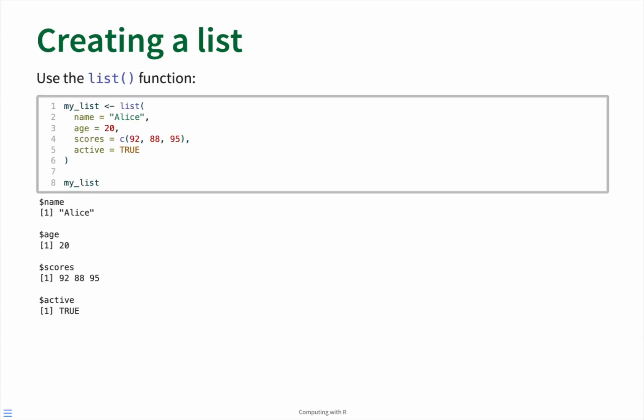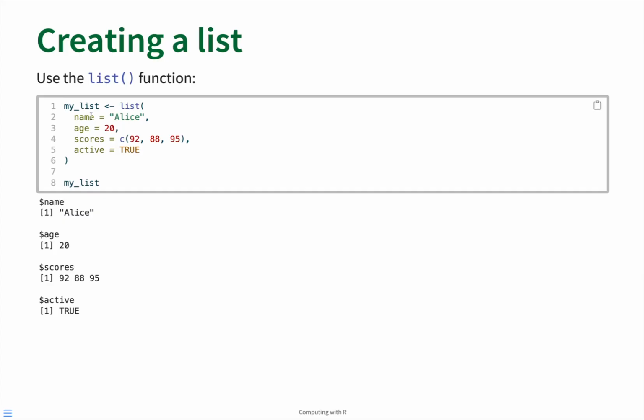The way we create a list is using the list function, like you see in this example, and every argument that we pass to this list function becomes an element of the list. So here the first argument is name equals Alice, and so the character string Alice becomes the first item of the list, and we can see that the name of this first item is name, right?